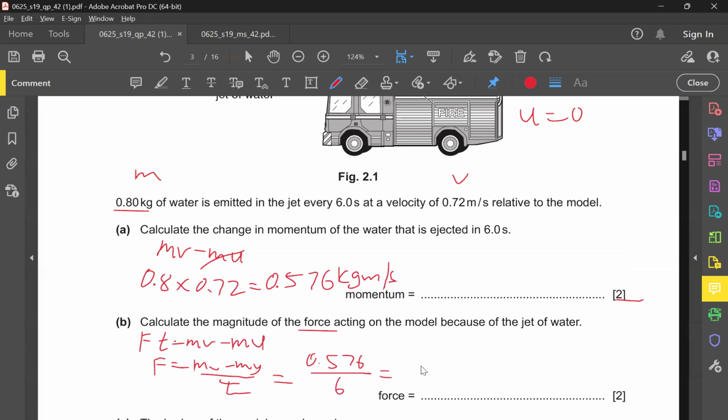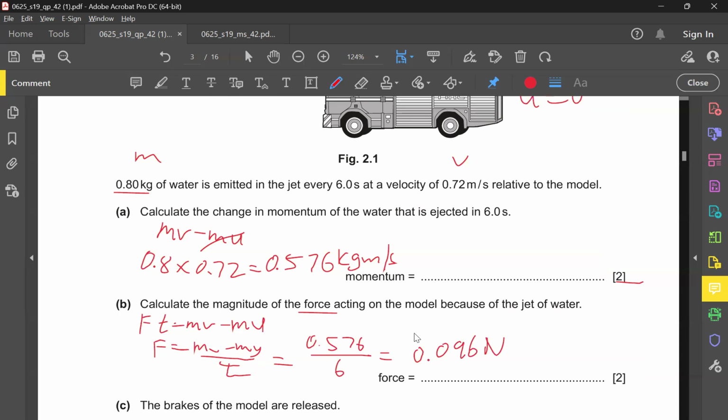The answer will be 0.096. You can also use F equals ma: you have to calculate the a again and multiply it by m. No, a is just 0.72 divided by 6, it's the same thing, right? Okay, doesn't matter. Whichever way you do is fine as long as you get the answer.